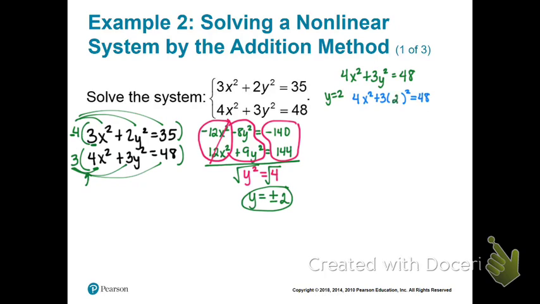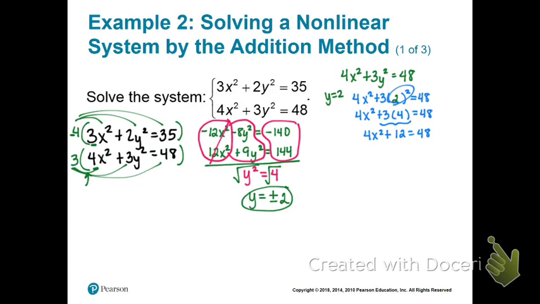Remember your PEMDAS, so we're going to do exponents first. So I can't do anything with x squared, so 4x squared plus 3 times, what's 2 squared? 4 equals 48. And then we multiply. So 4x squared plus, what's 3 times 4? 12, good, equals 48.